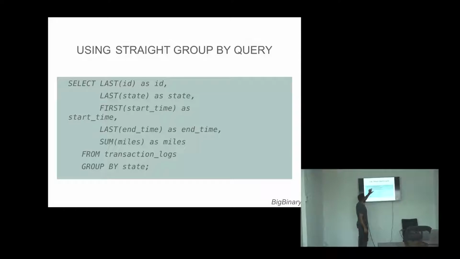It doesn't matter whether it is the last or first state, because we are grouping based on the state, so it would be the same state. For convenience I have taken just the last, and we are taking the start time of the first log, the end time of the last log, and summing up the miles. Are you clear with this query?